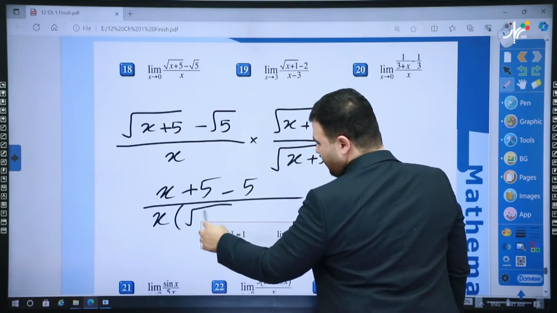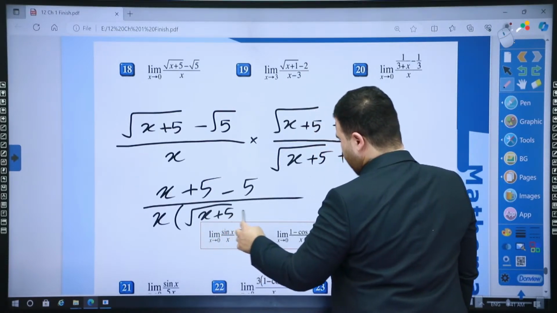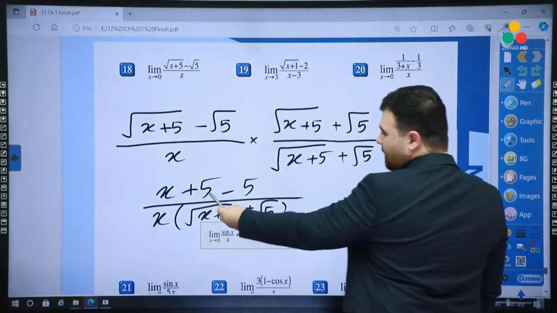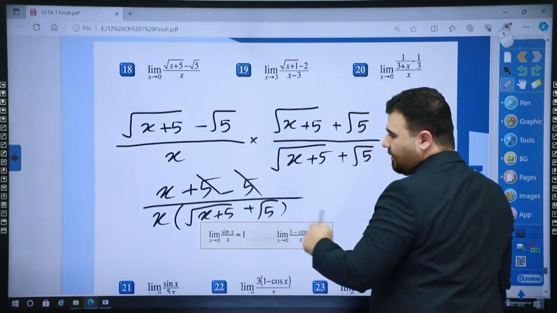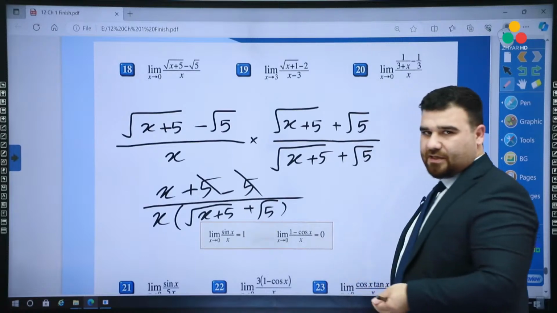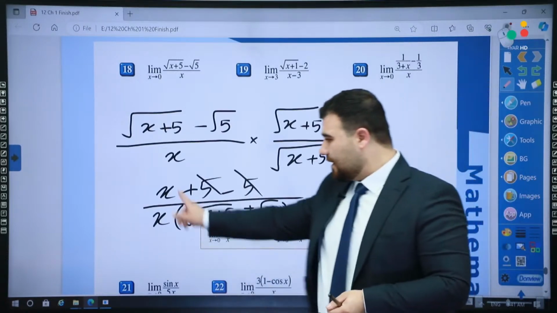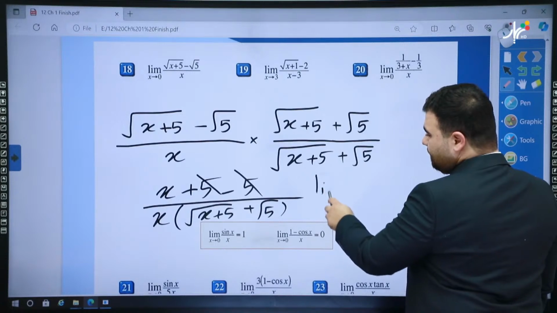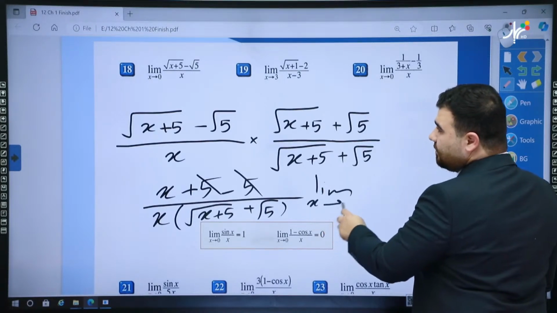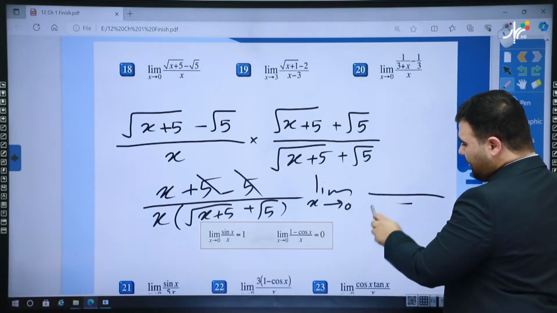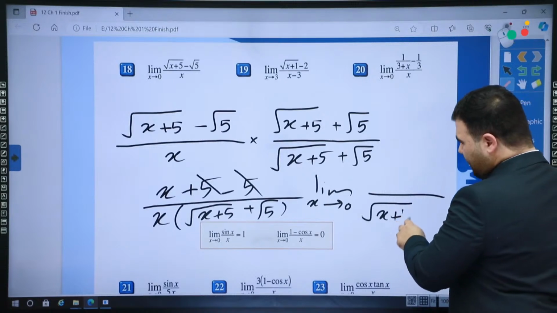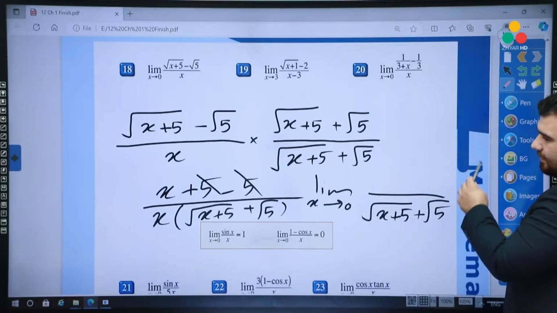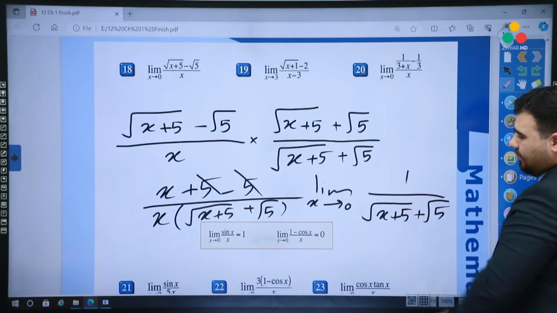X times square root x plus 5 plus square root 5. Now positive 5, negative 5 cancel. Up, only x remains. And only x will be cancelled with this x. So at the end, we will have limit x tends to 0. Denominator is square root x plus 5 plus square root 5. And up, nothing remained, means 1.